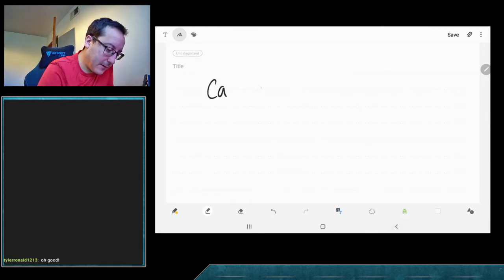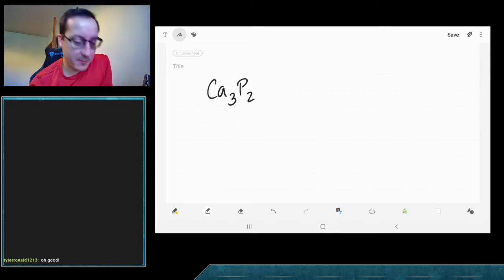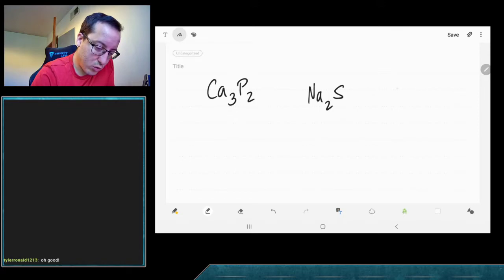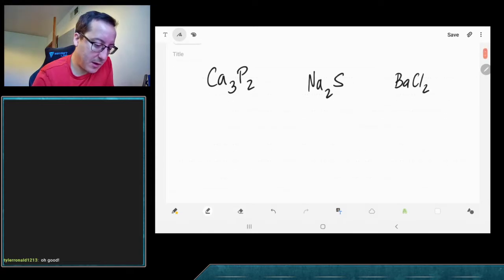Let's see. I want you guys to come up with the names for these guys just as a little warm up for what we did yesterday. And how about we do... what's a good one? Come up with names for those three.